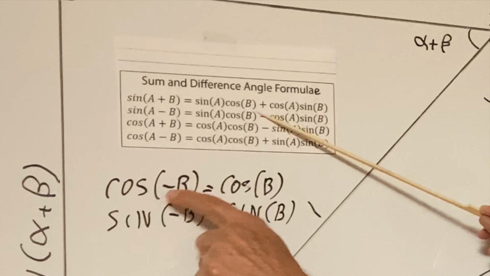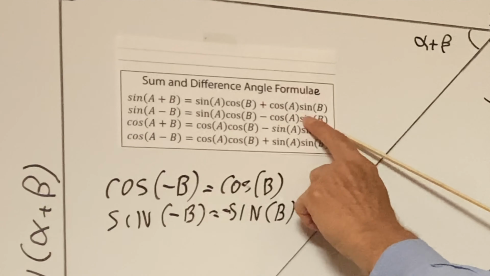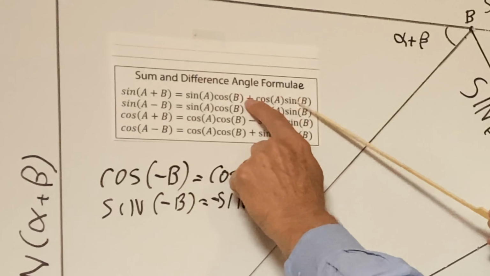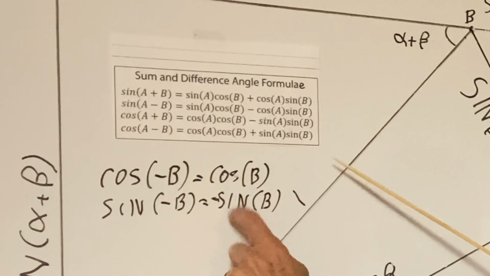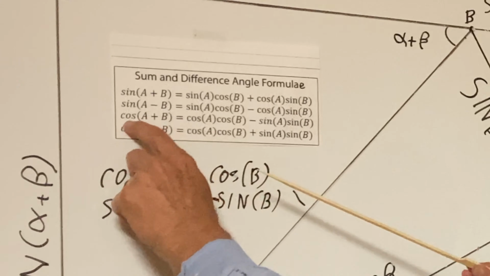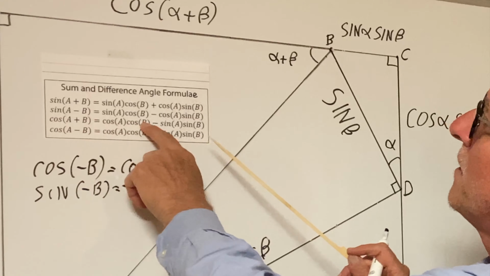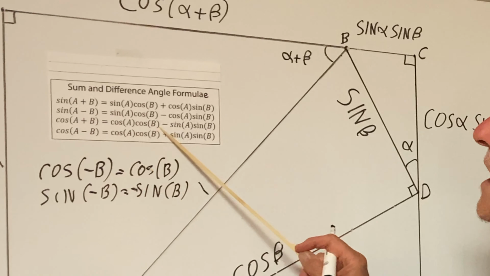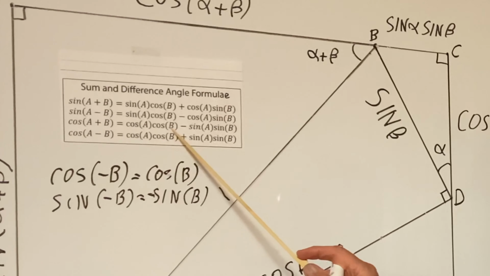And if you actually do that, you plug in sine a minus b. Well, the cosine stays positive. But look at the sine. That changes, becomes negative right here. So we get a negative because of this negative sign here. And similarly, we're working on cosine of alpha minus beta. So if we replace b with a negative b, cosine of a negative b, that's the same as cosine of b.